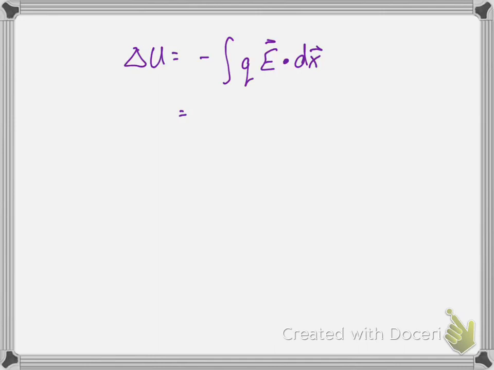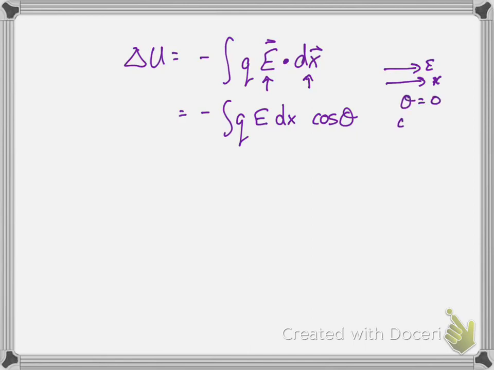And what about the dot product? It's minus Q, magnitude of E, magnitude of dx, times the cosine of the angle between E and dx. E was pointing to the right, x was pointing to the right, so the angle theta between them is 0 degrees, and cosine theta is equal to 1.